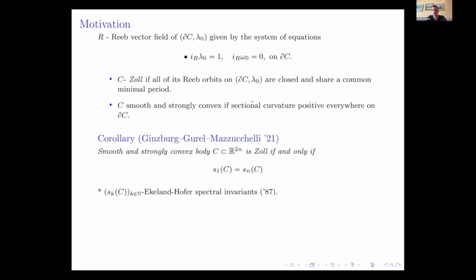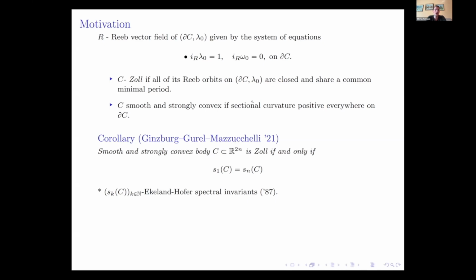A smooth and strongly convex body is Zoll if and only if the first Ekeland-Hofer spectral invariant is equal to the nth one. These spectral invariants were introduced by Ekeland and Hofer in 1987, and they are defined for convex bodies. One thing which is not clear for these spectral invariants is whether they are monotone with respect to symplectic embeddings.